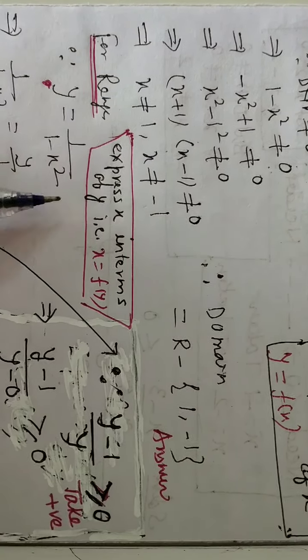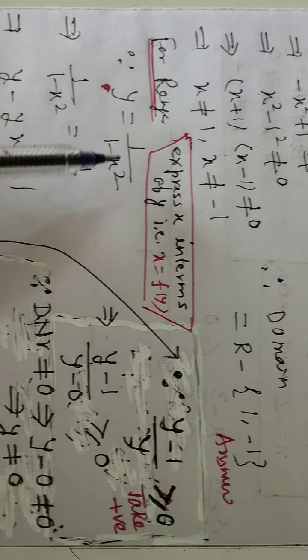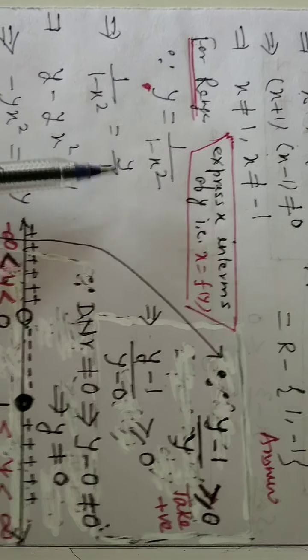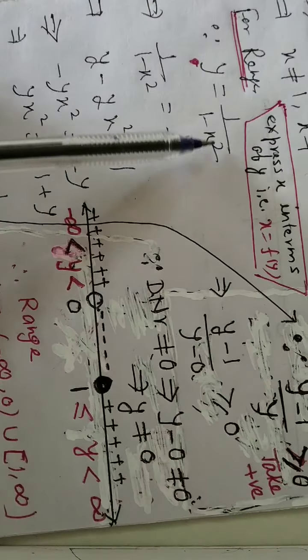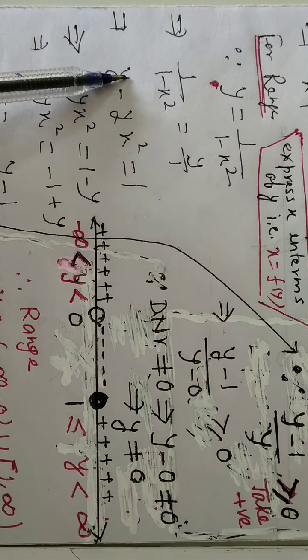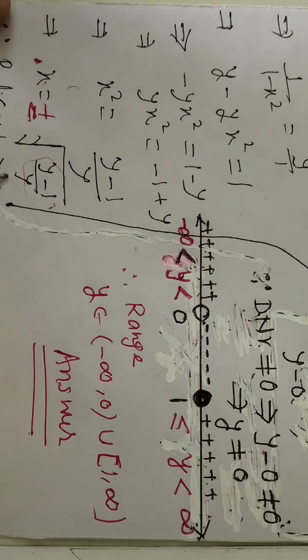Now to find the range, y is given. To find the range, express x in terms of y. Just see how x is expressed in terms of y. Write x on the left side, then cross multiplication, then find the value of x.